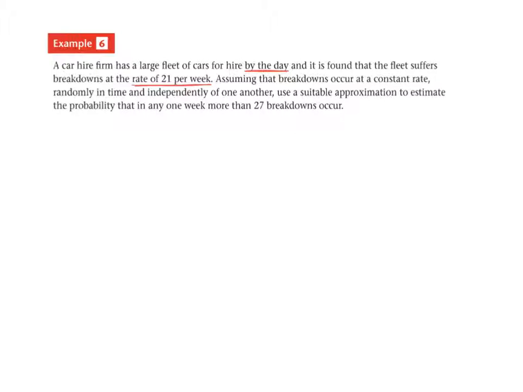So let's declare the variables then. So let x represent the number of breakdowns per week. So that gives us a rate.